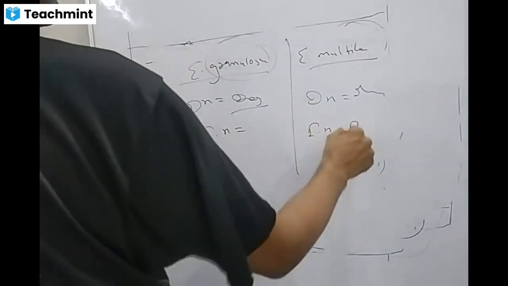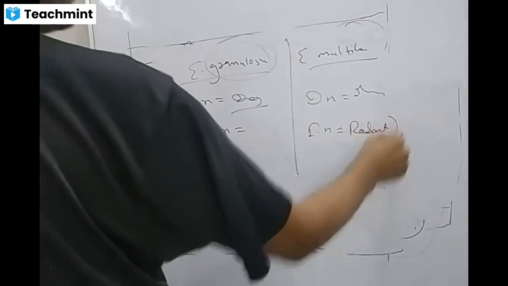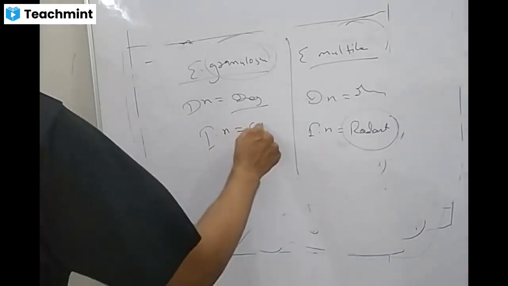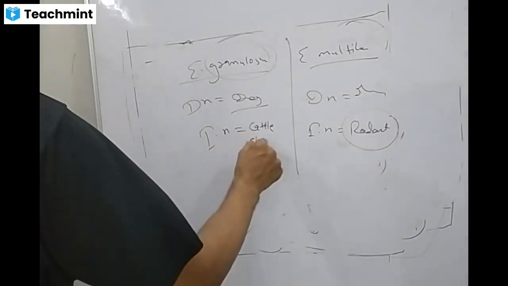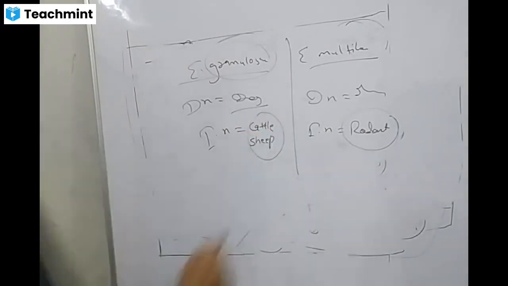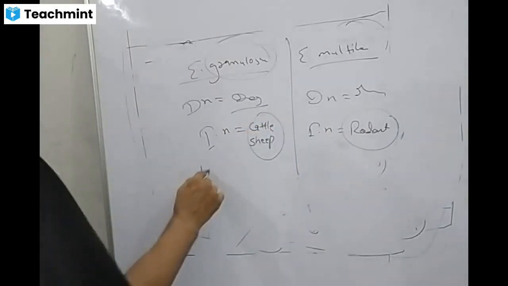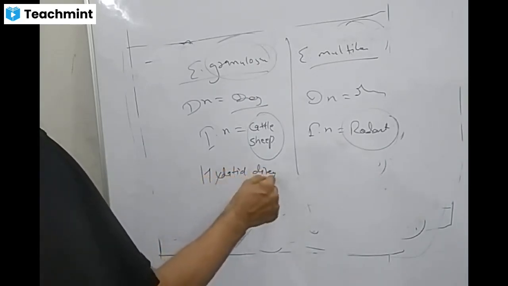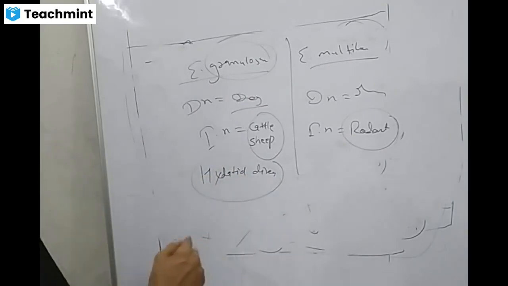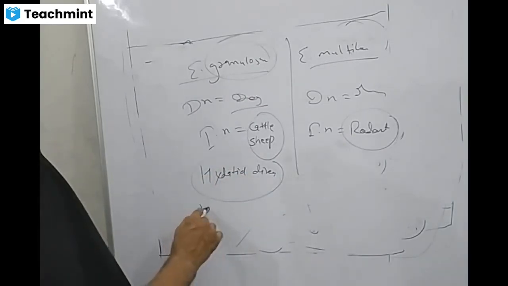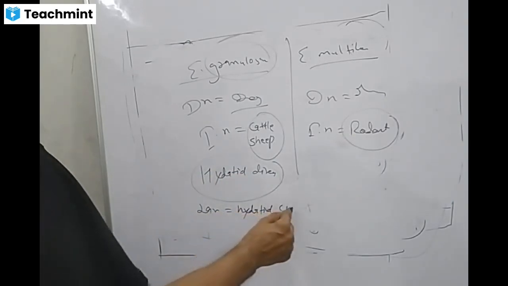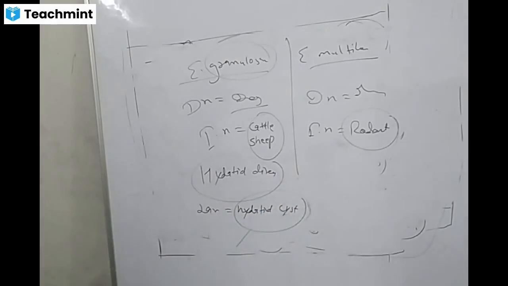For multilocularis, the intermediate host is rodent. In the case of granulosus, there may be cattle or sheep. And what do they cause? Hydatid disease. The larval stage is known as the hydatid cyst.